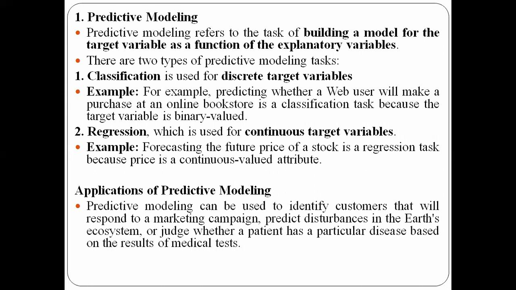One example is predicting whether a new web user will purchase a book at your online bookstore. You'll be able to tell the output of this prediction in terms of zeros or ones. If he buys the book, that will be considered as 1. If he doesn't buy the book, that will be considered as 0. So here the target variable has binary values.